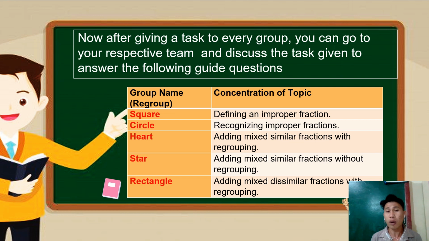In each group, there is 1 learner that belongs to the square, and those squares focus only on defining the improper fraction, while the circle is recognizing, the heart is adding mixed similar fractions with regrouping, the star is focused on adding mixed similar fractions without regrouping, and last, the rectangle is focused on adding mixed dissimilar fractions with regrouping.